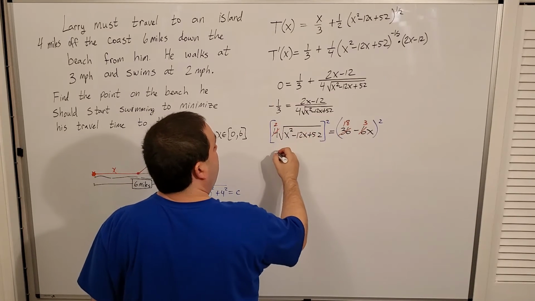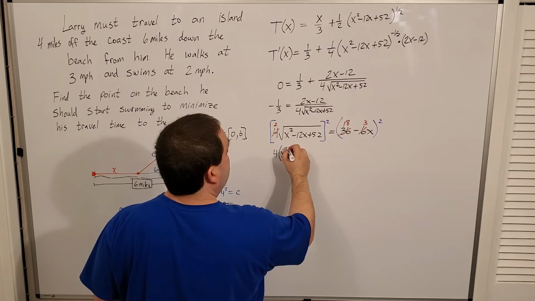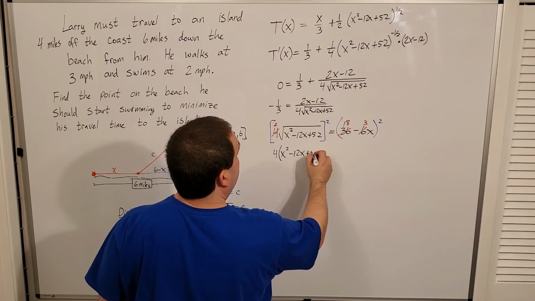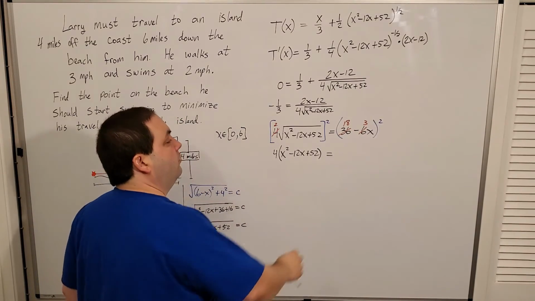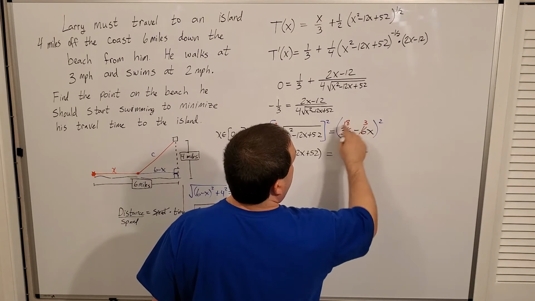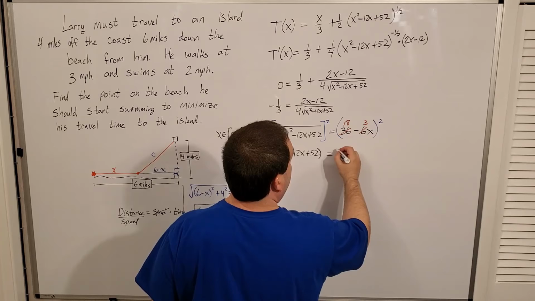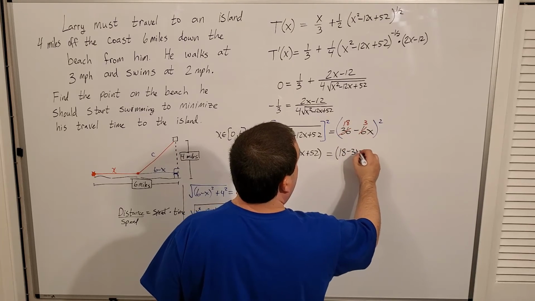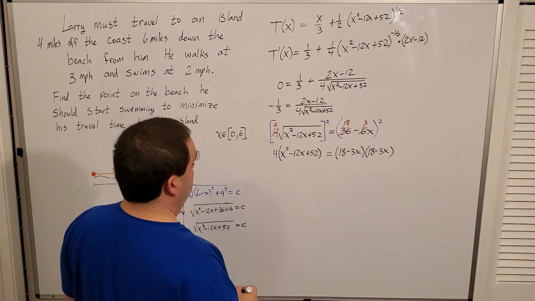So 2 squared gives me a 4, and squaring the square root just makes the square root go away. So I got that. And then over on this side, I've got the 18 minus 3x times 18 minus 3x because it's squared.